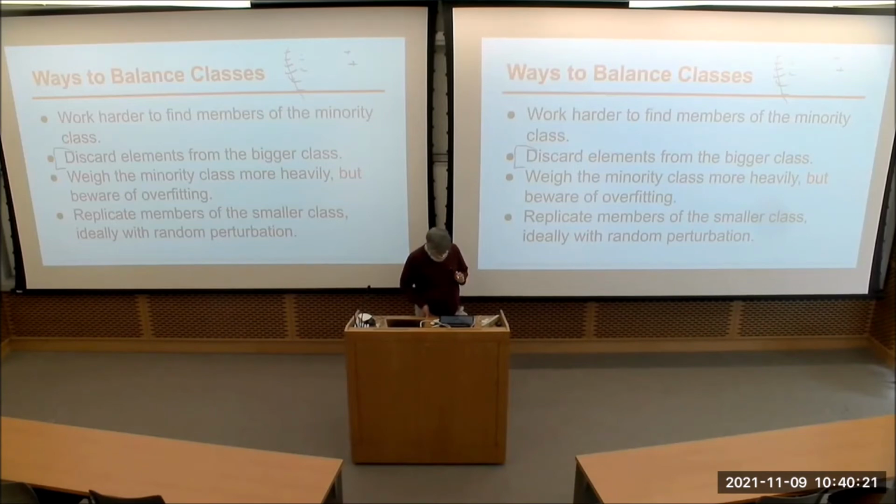Another idea is to weigh the minority class elements more heavily. If we have a world with 100 negative examples and 2 positive examples, and I weigh each positive example 50 times more than a negative example, then the separator between them is going to be in the middle, which is kind of what we want.